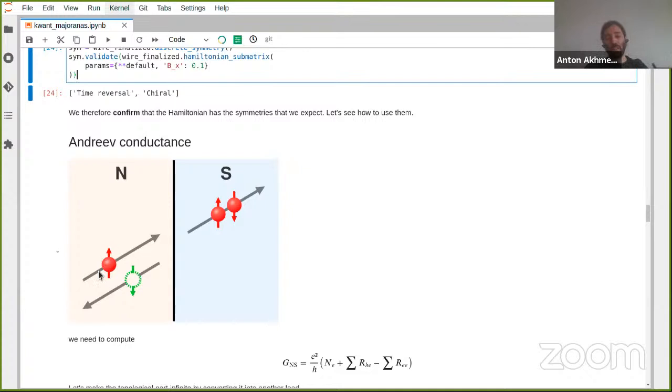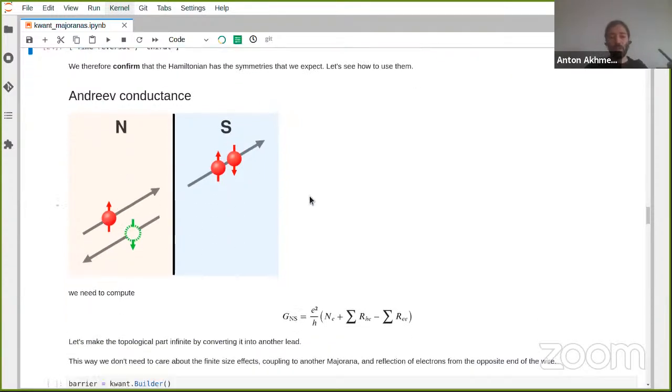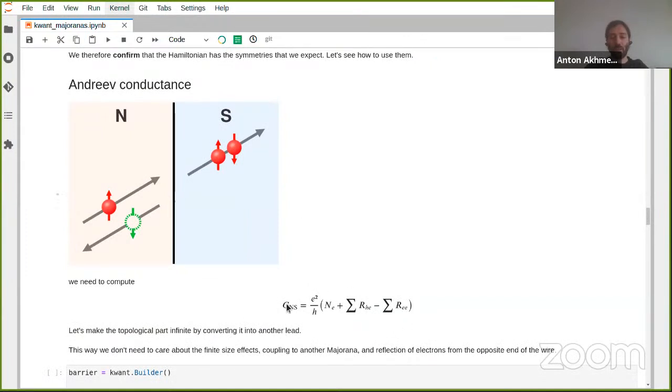If the energy of the incoming electrons is sufficiently high to go above the superconducting gap, they enter the superconductor and do not return. So all in all, we need to compute this quantity. This is the conductance between a normal metal and a superconductor. There is a prefactor of e squared over h, that's the conductance quantum. Every incoming electron carries exactly a conductance quantum of current. The reflected holes, despite going in the opposite way, because they also have the opposite charge, carry current with the same sign, whereas the reflected electrons carry current with the opposite sign.